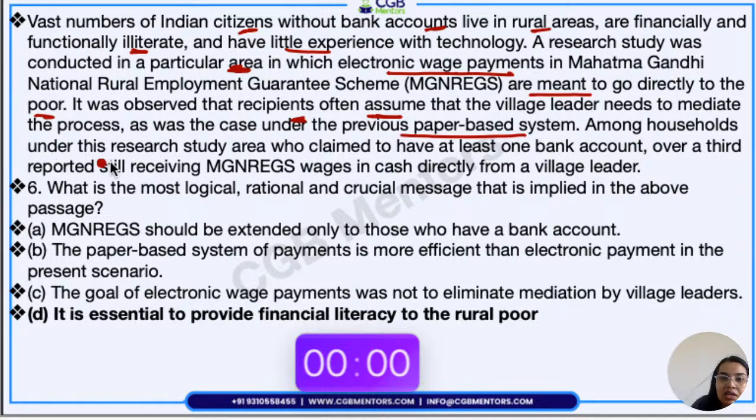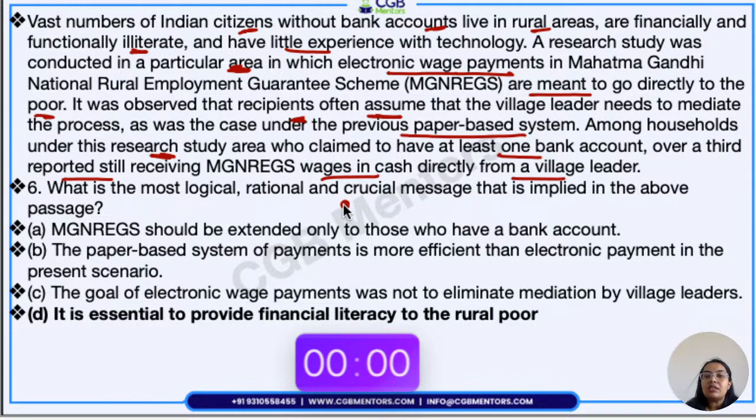Among households under this area research claimed to have at least one bank account. Over a third report still receiving wages in cash directly from a village leader. Okay, so over a third, one third still reported कि उन लोगों को कैश मिल रहा है, but it's just one third. Rest of them they do have at least one bank account in the family.